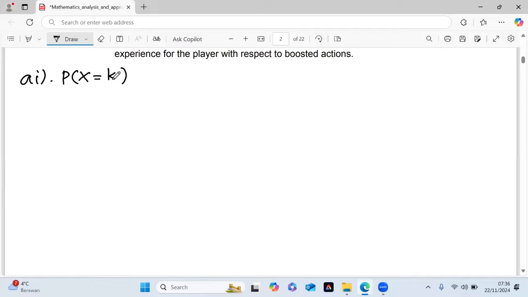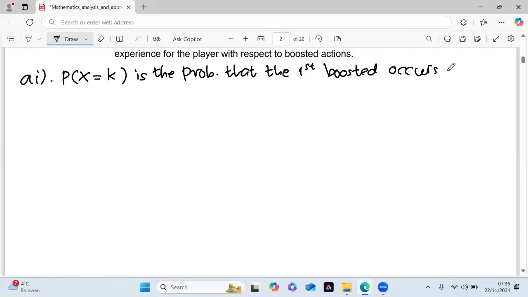Probability X equals k is the probability that the first boosted occurs on the k action.